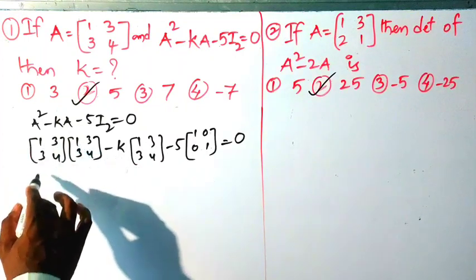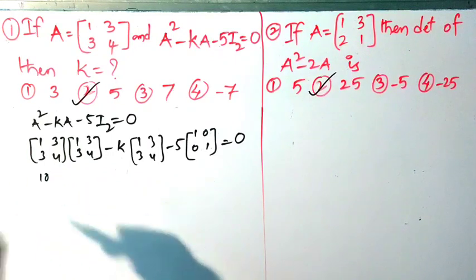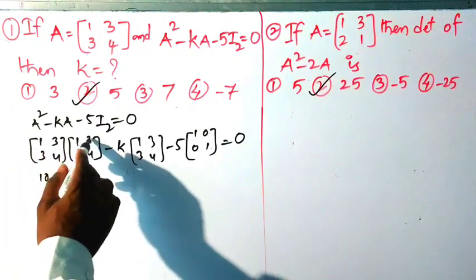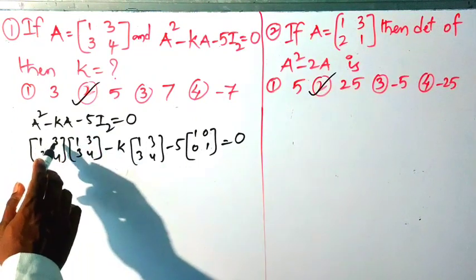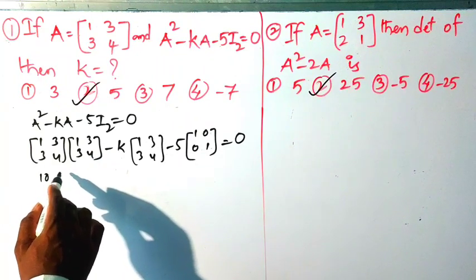1 into 1, 1, plus 3 into 3, 9; 9 plus 1 is 10. 1 into 3, 3, plus 3 into 4, 12; 12 plus 3, 15.